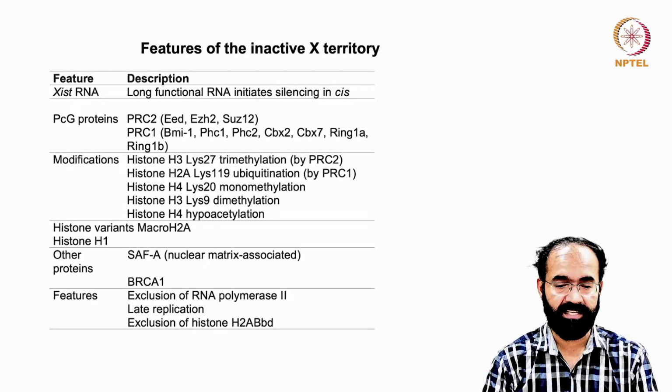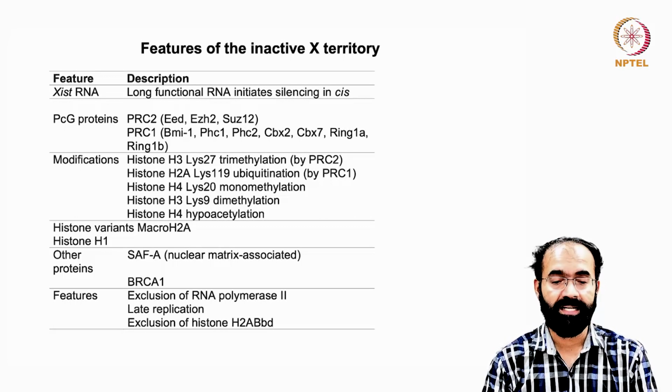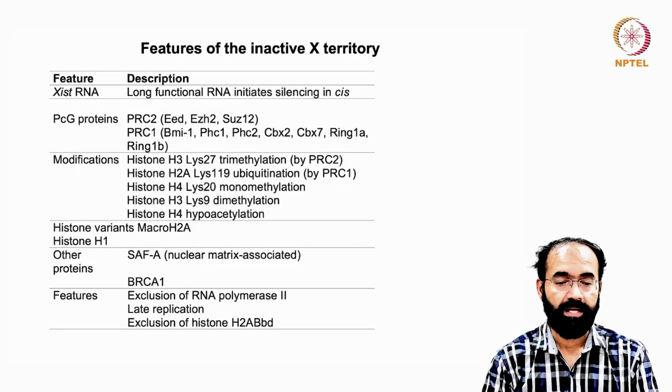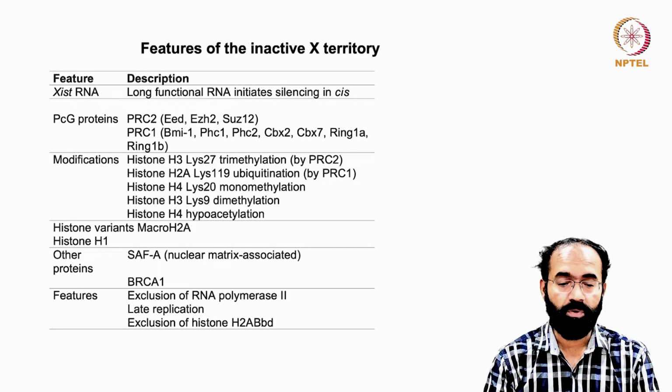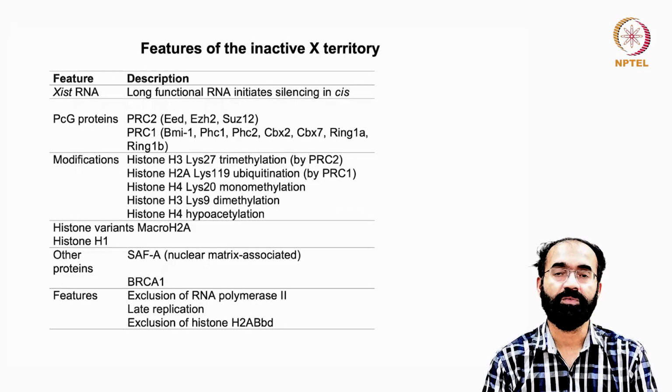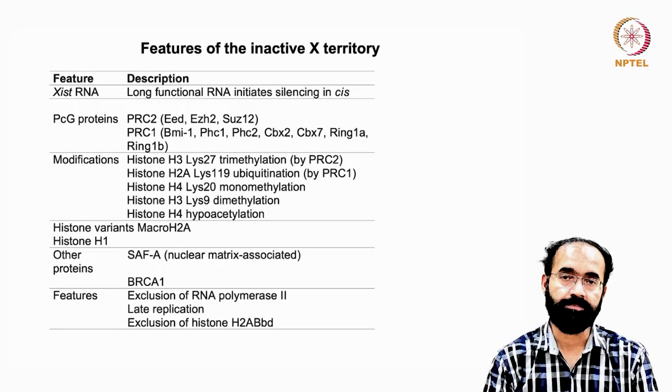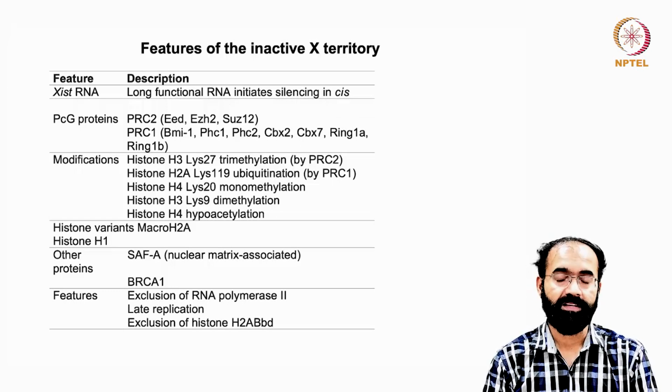What are the modifications that take place? Histone 3 lysine 27 trimethylation, mainly done by the PRC2 complex, and histone 2A lysine 119 ubiquitination, mainly done by PRC1, and histone 4 lysine 20 monomethylation, histone 3 lysine 9 dimethylation, and histone 4 hypoacetylation. So these are some of the related changes that take place at the histone level. Histone is part of the chromatin.